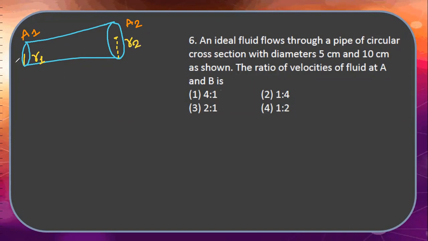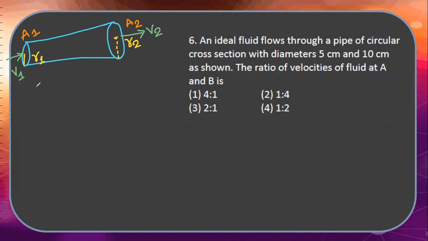The velocity at the first end is taken as V1, since he has asked for the ratio, and the velocity at the second cross-section is taken as V2. V1, V2 are the velocities at the first and second cross-sections. Now, what did they ask?